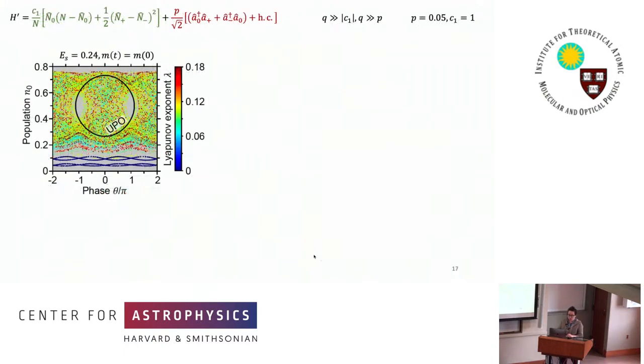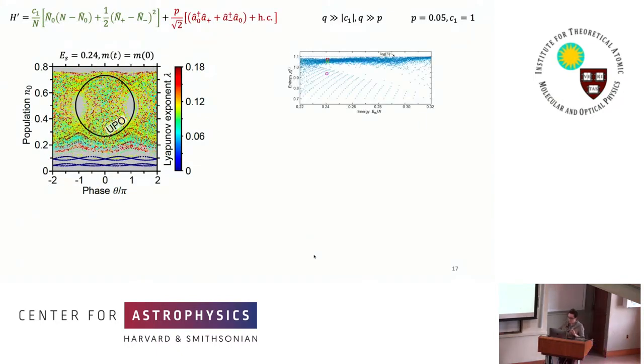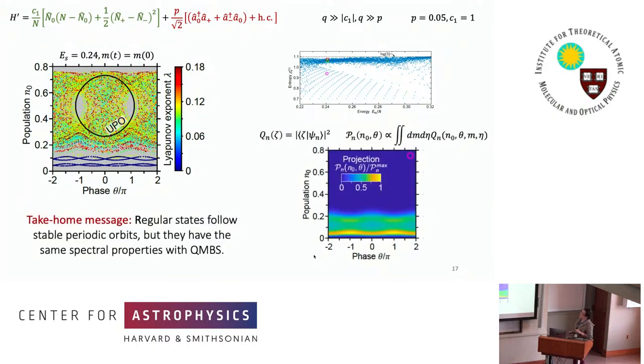Okay, and now we want to see what these periodic orbits correspond to in the quantum eigenstates. To do that, we fix the energy density, and we first take a state from the regular region and calculate the Husimi distribution for this. That means the overlap of these quantum eigenstates with the coherent state basis.